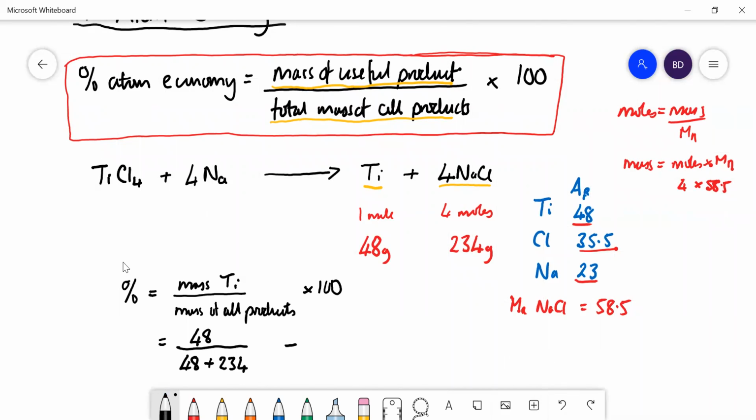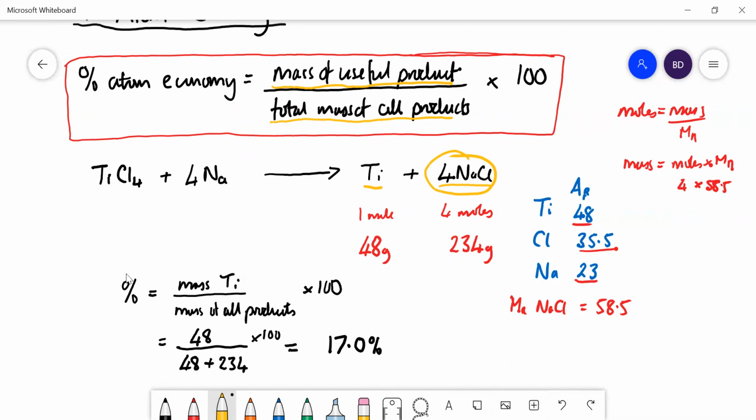So if you work that out, multiplied by 100, you get 17.0%. So quite a low atom economy there because you're making lots of this sodium chloride, which you don't want. You only want the titanium.